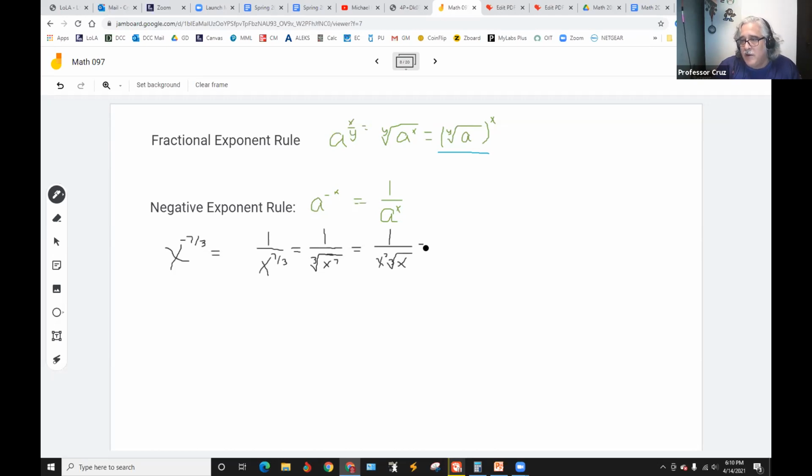Maybe that's kind of hard to see. Let me rewrite it. So that would be the simplified form of it right there. That's all you can do.